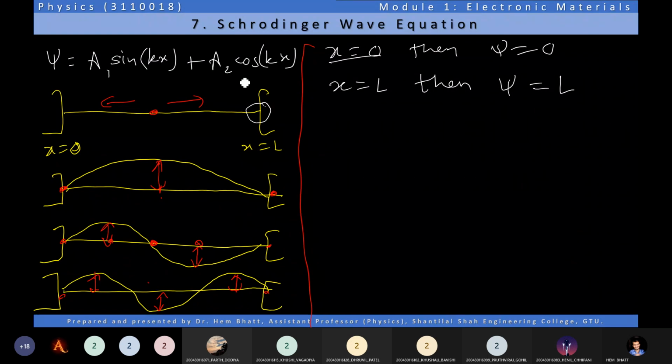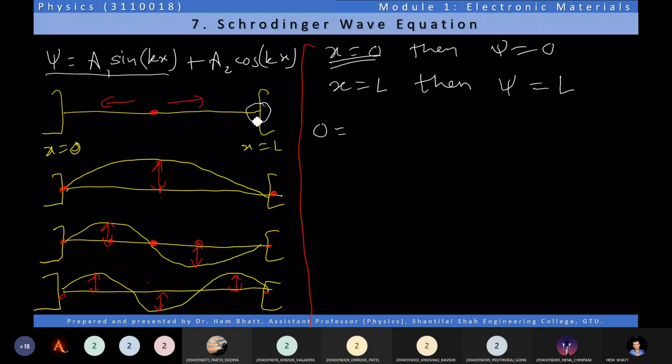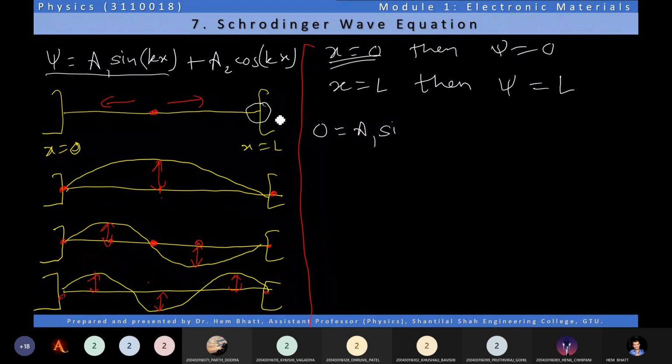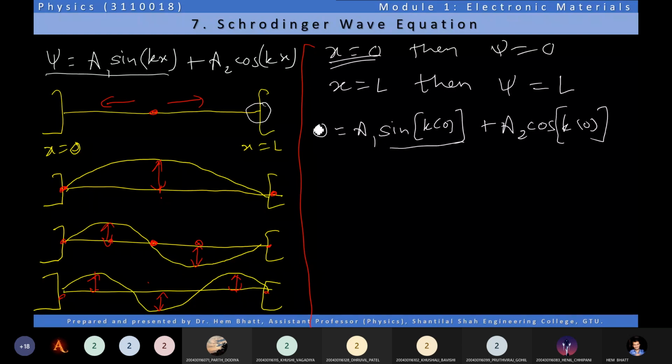So first I consider this condition in this equation. So I can say that 0 is equal to A1 sin k into 0 plus A2 cos k into 0. Okay, what is sine of 0? 0.